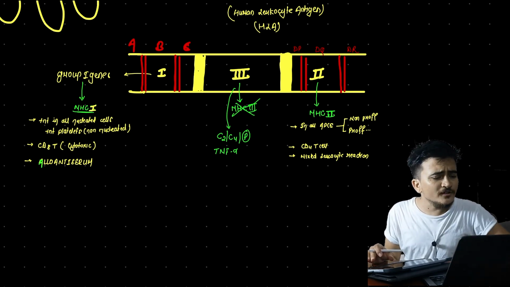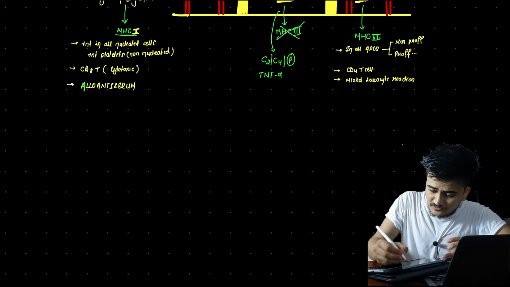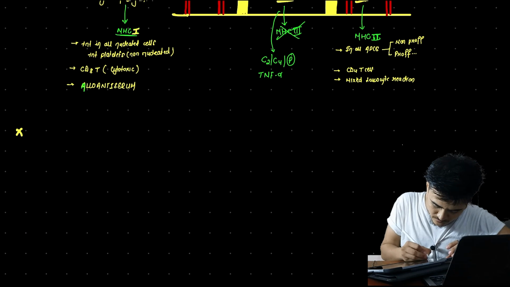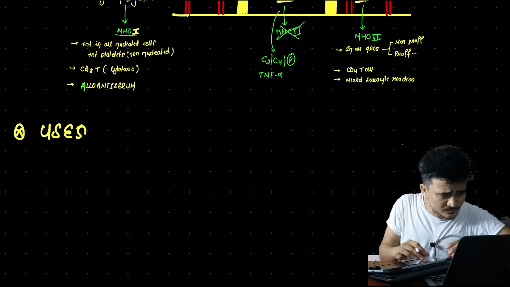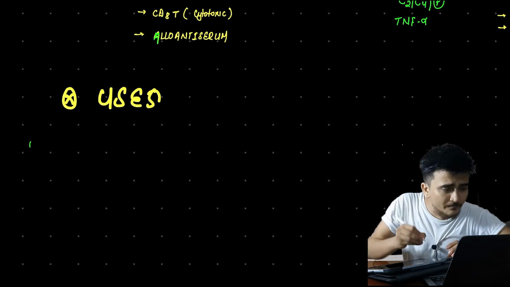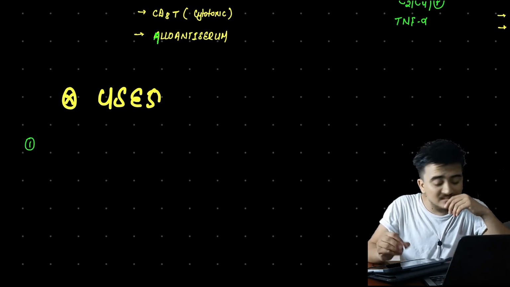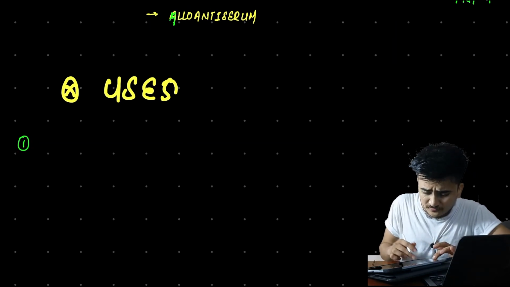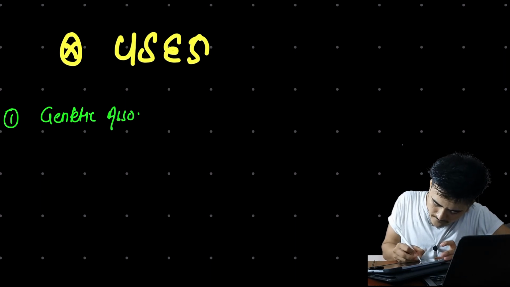Now, talking about the uses of MHCs. What are the uses of MHCs? The first thing is it is used in the genetic association of disease. What is that thing?